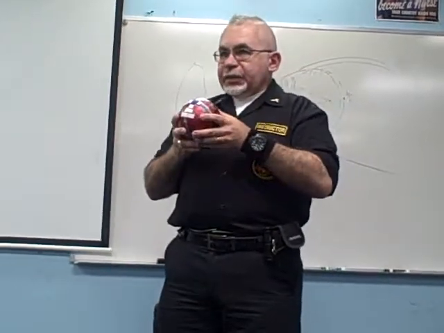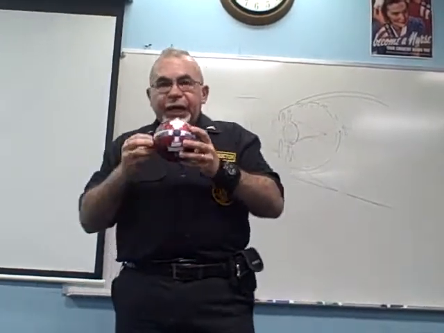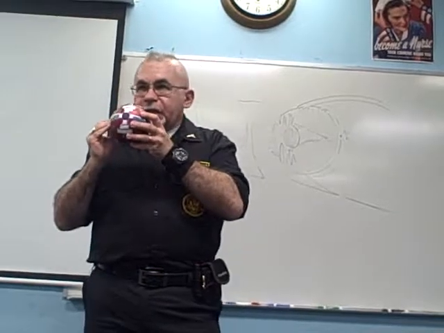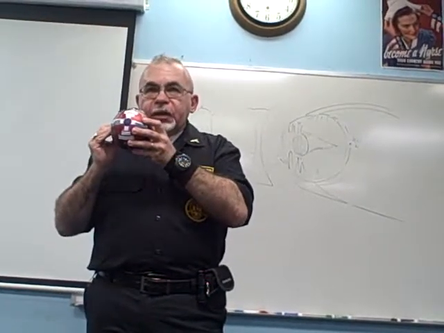6 muscles. Interesting thing is that those 6 muscles are controlled by 3 cranial nerves, and not equally. We have 3 cranial nerves: oculomotor, trochlear, and abducent, the number 3, the number 4, and number 6. The rectus lateral is controlled by the abducent.